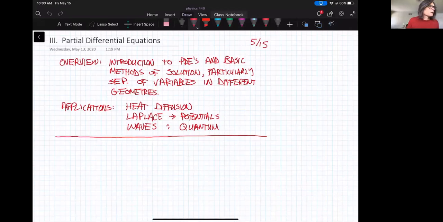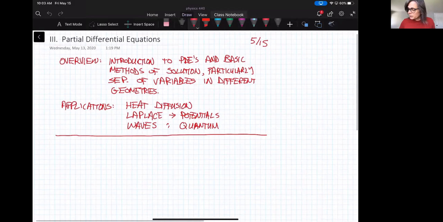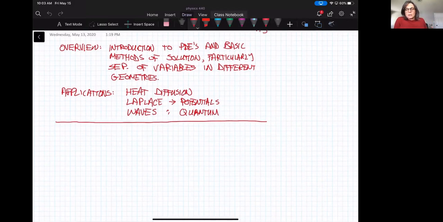Okay, so as I said, today we are going to focus on separation of variables, something that you've seen before in a variety of contexts. We will look at some of those that you've seen before, and some that you haven't, and some that you've seen before but in different geometries.